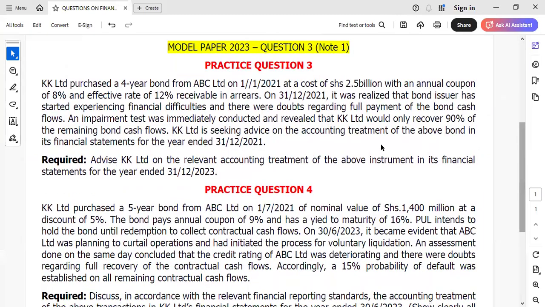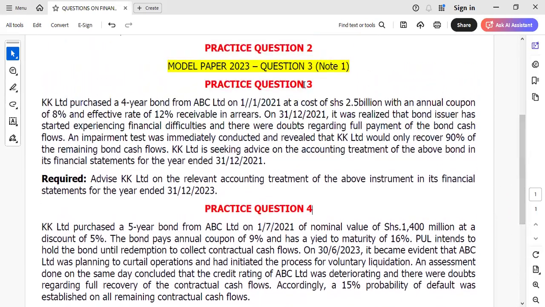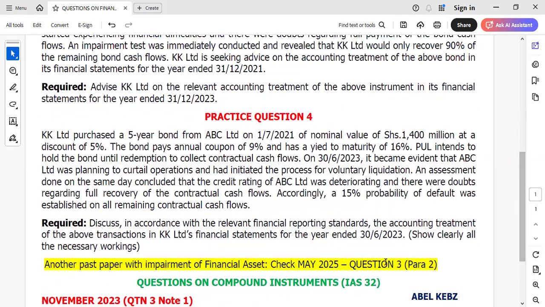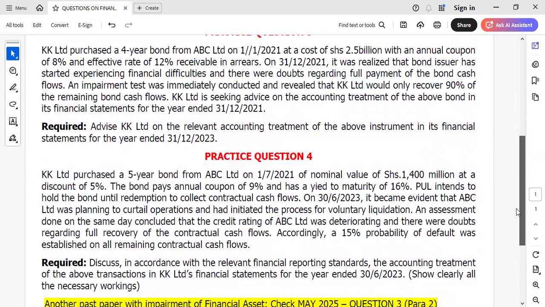Please, you do it. Another question that we are going to handle, we are going to look at it in a situation where there is impairment of the asset. Or what is the impact, or what should we do? So question 3, question 4, and this May 2025 question 3, the last sitting. All these three questions are just testing us on the impact of impairment of the financial asset.